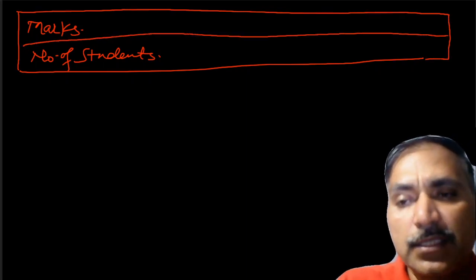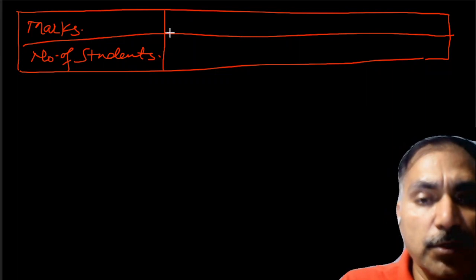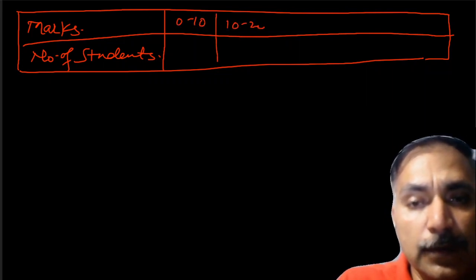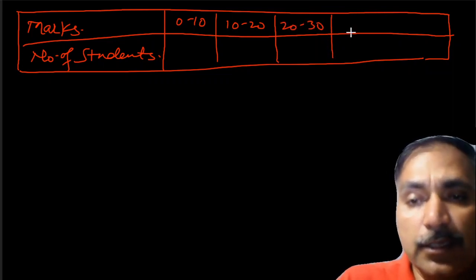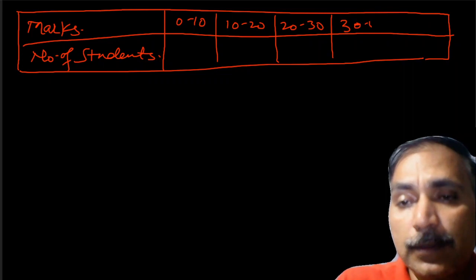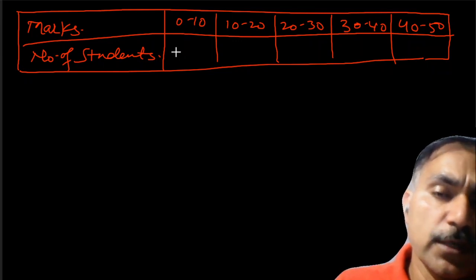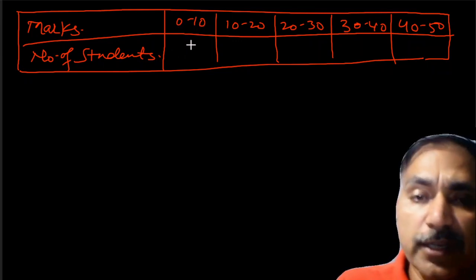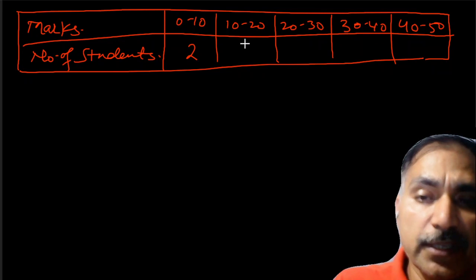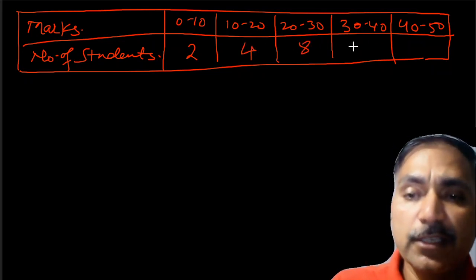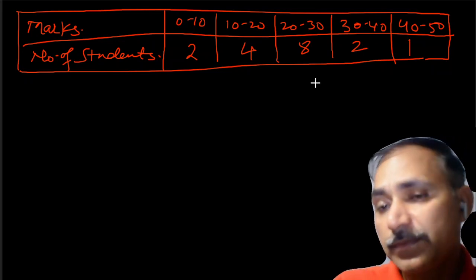Here, marks are from 0 to 10, 10 to 20, then 20 to 30, 30 to 40, and the last class is 40 to 50. Suppose the number of students who have scored marks between 0 to 10 are 2, 10 to 20 are 4, and 20 to 30 is 8, and 30 to 40 is 2, and the last is 1.